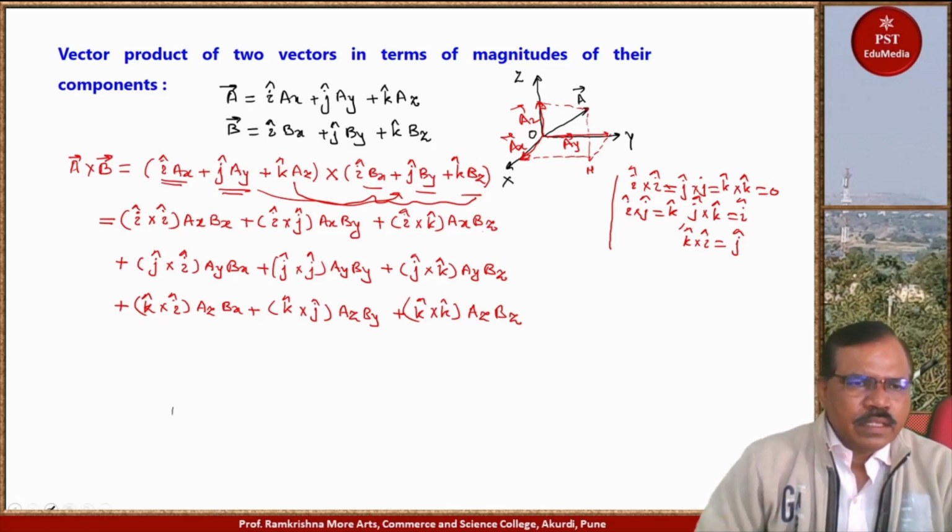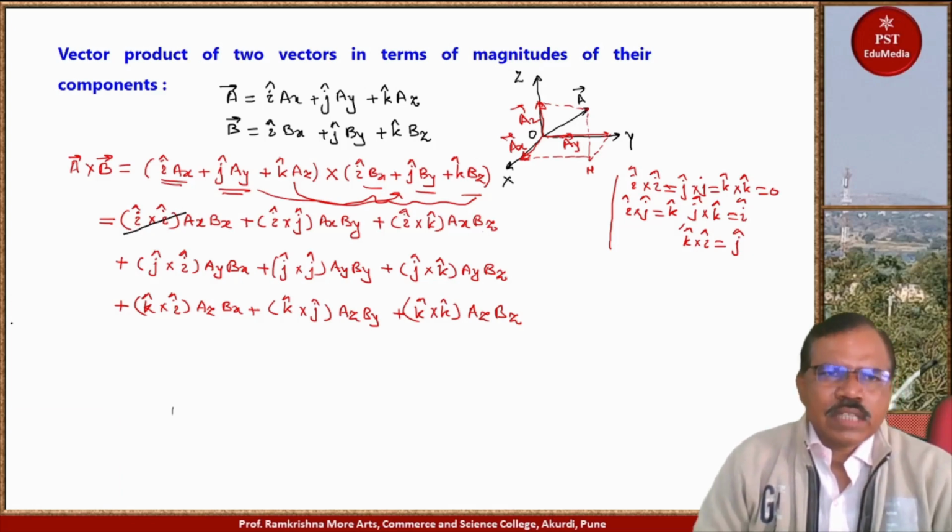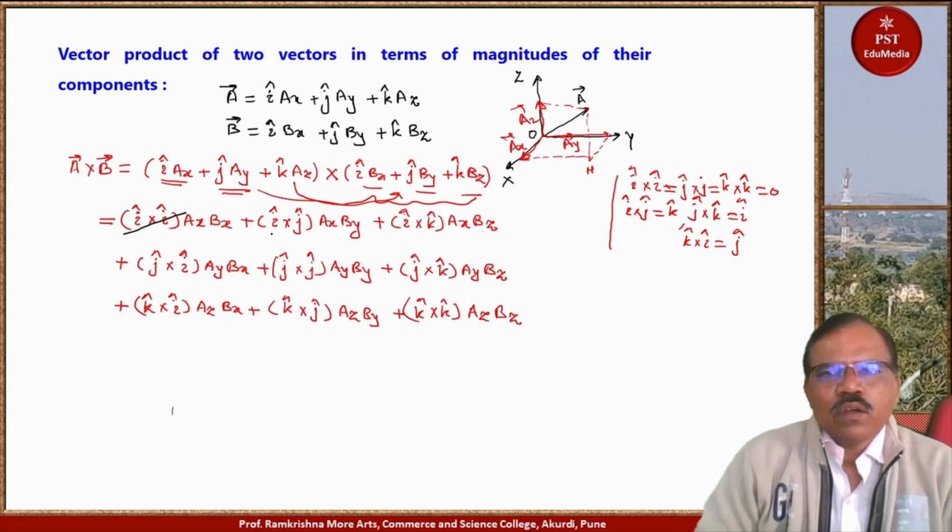Now see here, if we see this cross product, I cross I is 0. I cross J is K here, so this is non-zero. K cross I is J, I cross K is minus J, so this is non-zero.